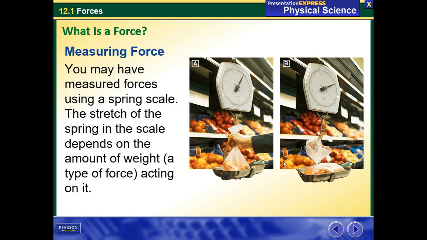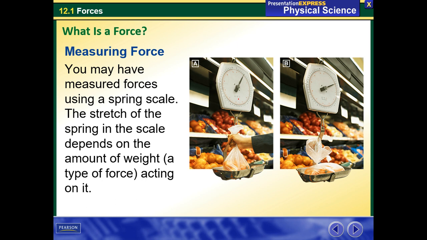So, how exactly do we measure a force? You may have already measured forces, especially if you have stepped onto a scale. Now, in today's world, we have digital scales, so it tells you the weight of something. But in the past, and some grocery stores still have this, there is something called a spring scale.